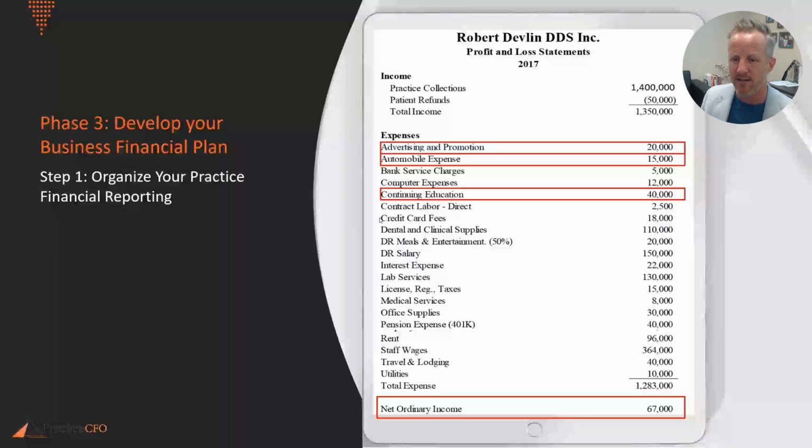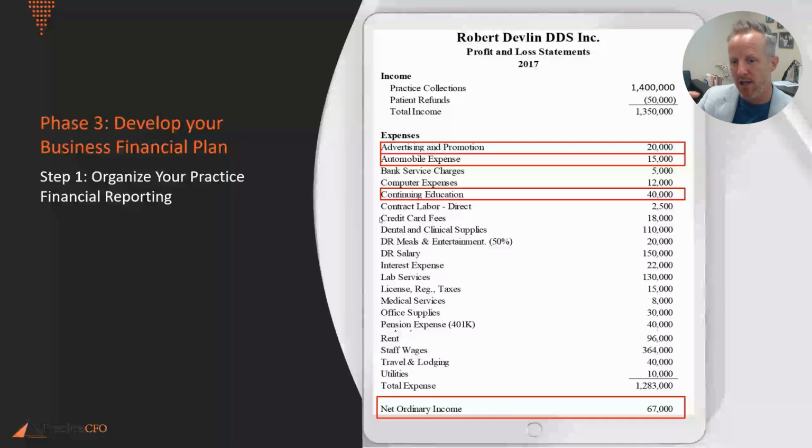And by the way, on that note, this whole exercise, I want you to simulate in your head as if you were selling your practice tomorrow. You're selling your practice tomorrow and you want to know what is the true profitability of this so that you can tell a bank and you can highlight to a buyer, this is my true profitability. I know it says $67,000 at the bottom of my P&L, but that doesn't tell you the story.